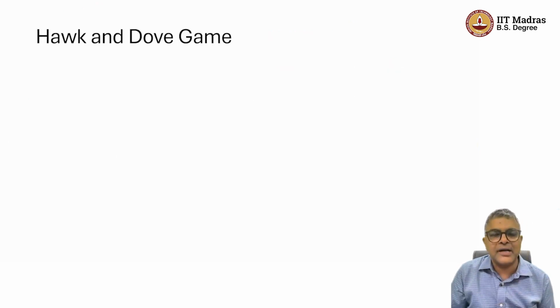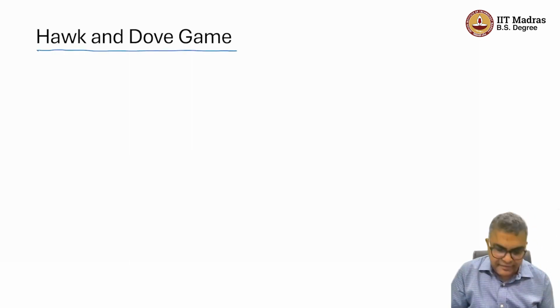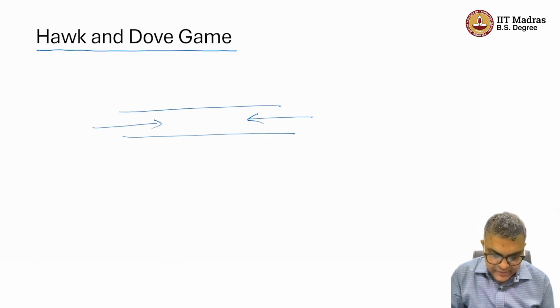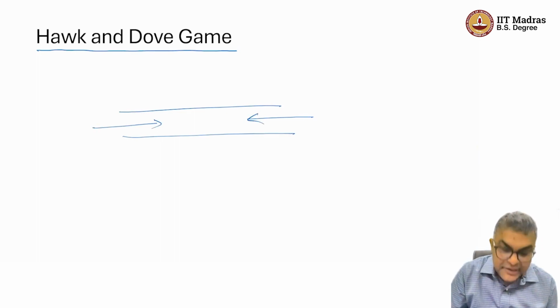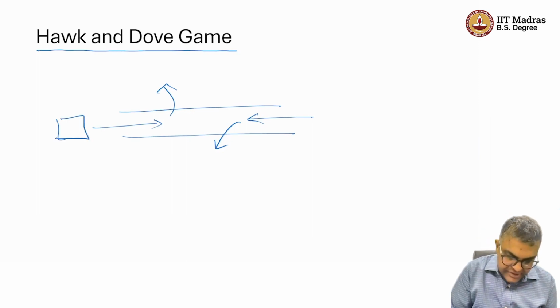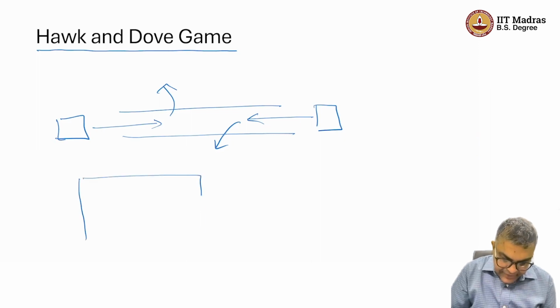Let us move to the last simple example that we will be doing, the hawk and dove game. Let us say there is a road, a motorbike is coming from this side and a motorbike is coming from this side. Each one of them has two options: to continue driving or change their path. Again, this is a made up payoff to understand.